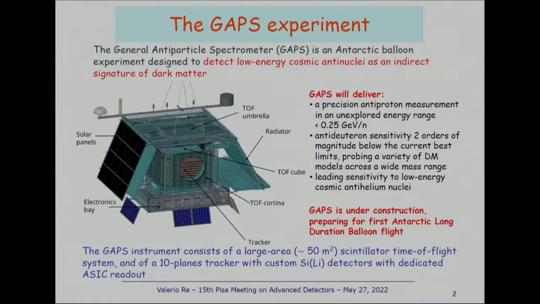It's an Antarctic balloon experiment that is designed to detect low-energy cosmic antinuclei as an indirect signature of dark matter. The instrument is optimized to detect with high precision antiprotons, antideuterons, and possibly anti-helium. Now the instrument is under construction. It is preparing for the first flights, which should take place from Antarctica at the end of 2023.